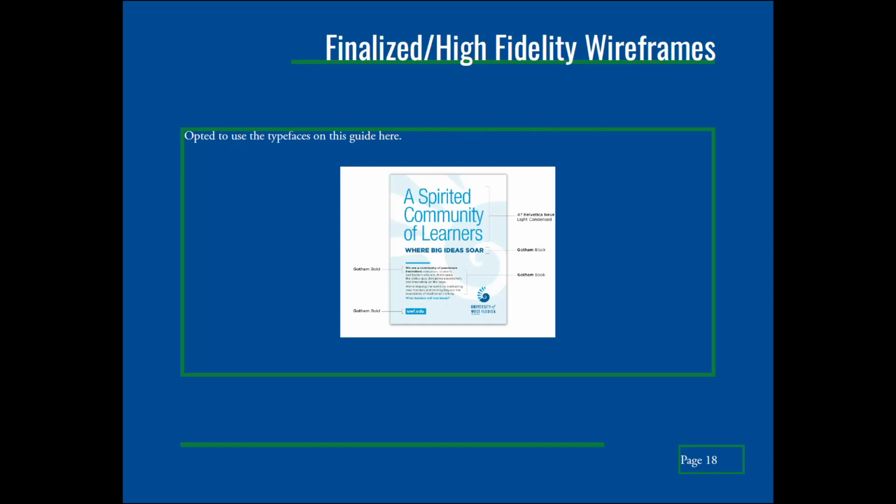I took this image from a UTBF page, publicly available, and I used mostly Gotham Book and Gotham Bold, as well as Helvetica 47 Light Condensed on the home screen, that displays different information to look at. So this is what I used to guide myself for the typefaces on my project.